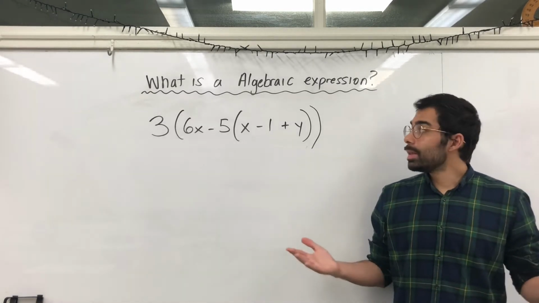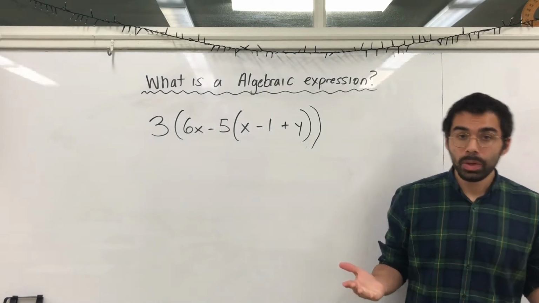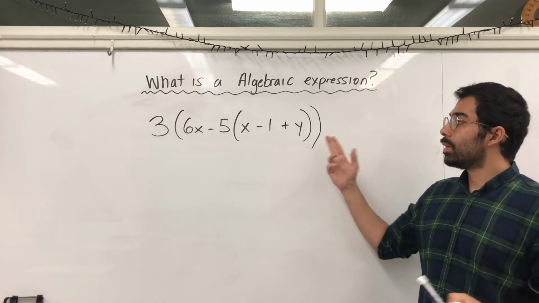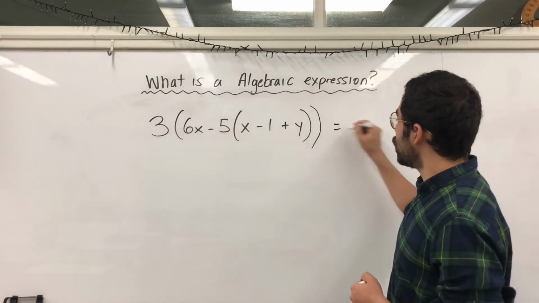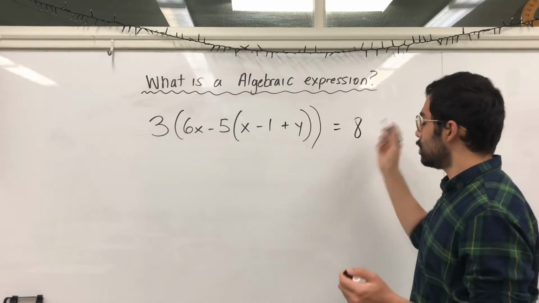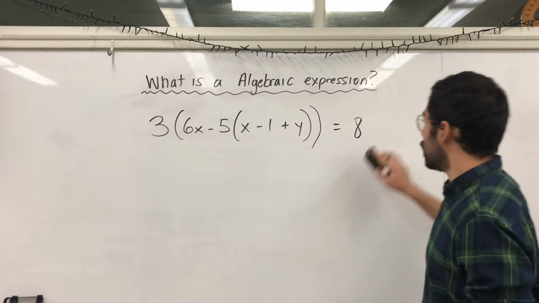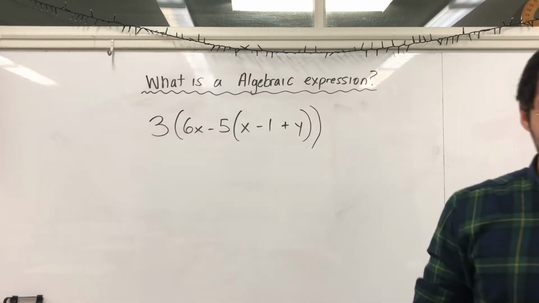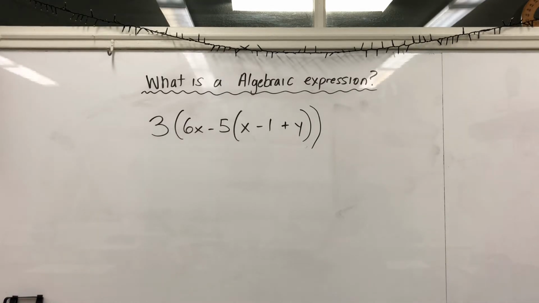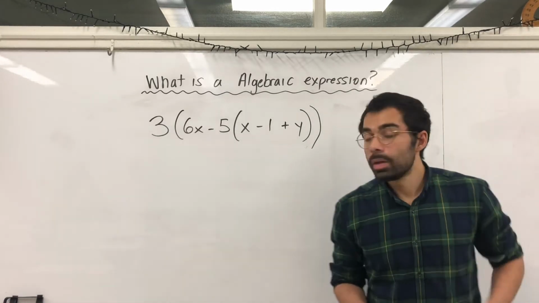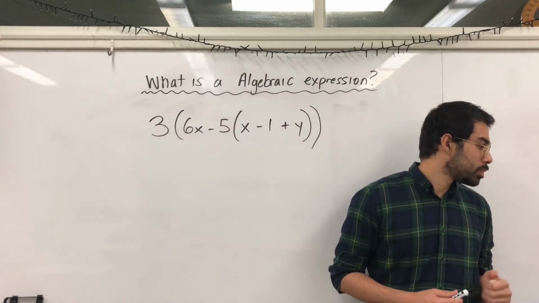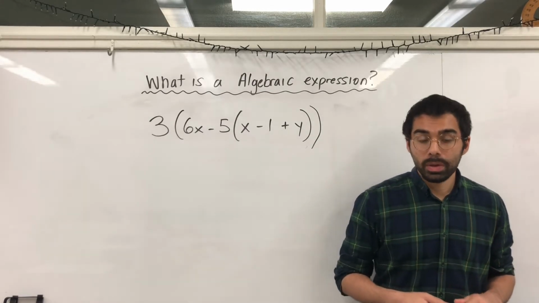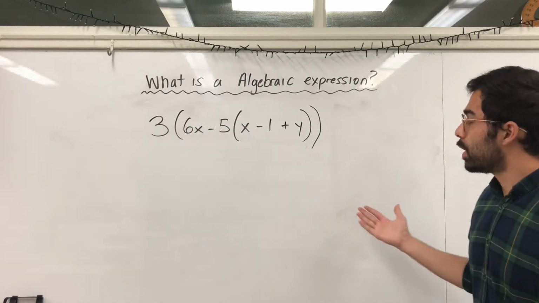All right, so what is an algebraic expression? An algebraic expression is simply what I have here, right? This is an expression and not an equation, since this is not equal to anything. It could be 8, it could be something else. Well, this is an example of an algebraic expression.